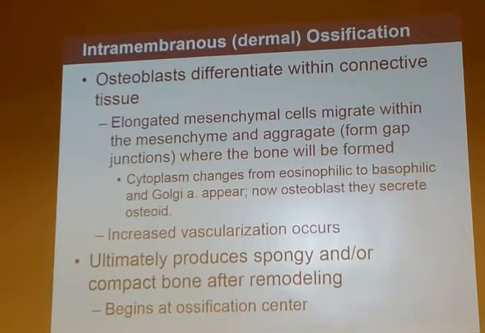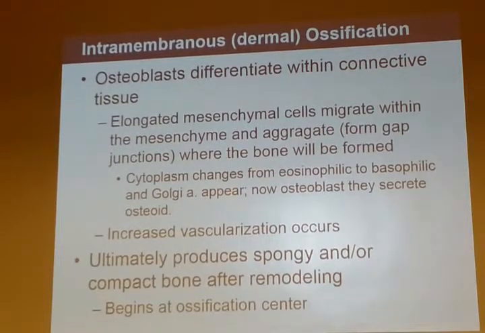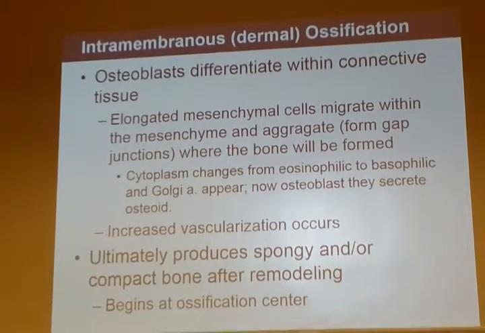start. When the bone is starting to form, when the osteoblasts are just starting to secrete osteoid, the cells will pick up mostly red dye.